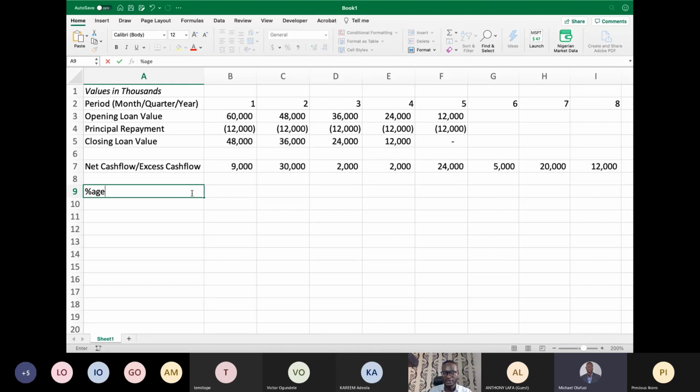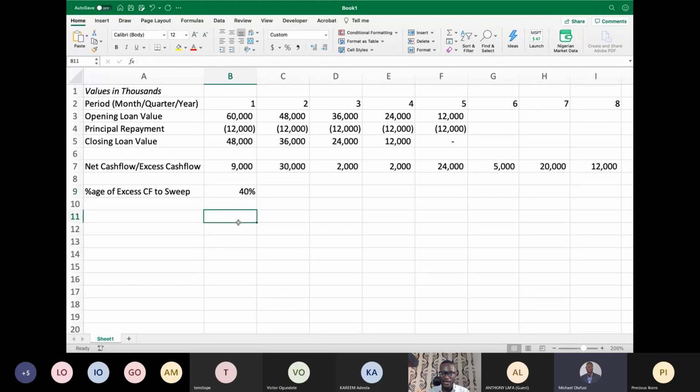Explicit is where they specifically state the percentage of excess cash flow to sweep. So let's say I'm taking 40%. So we want to sweep 40% of the excess cash flow to quickly pay up the debt.